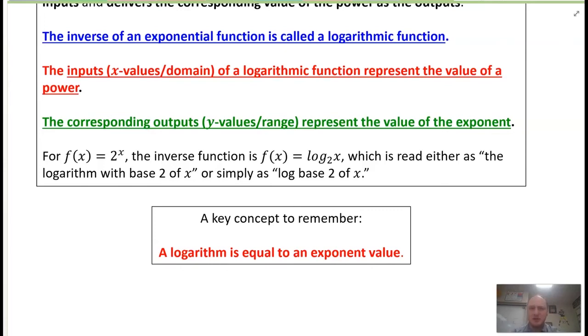There are a couple of ways you can read this. The common way is log base 2 of x, or you could say the logarithm with base 2 of x. But the most common one is the former. A key concept to remember here is that a logarithm is equal to the exponent value.